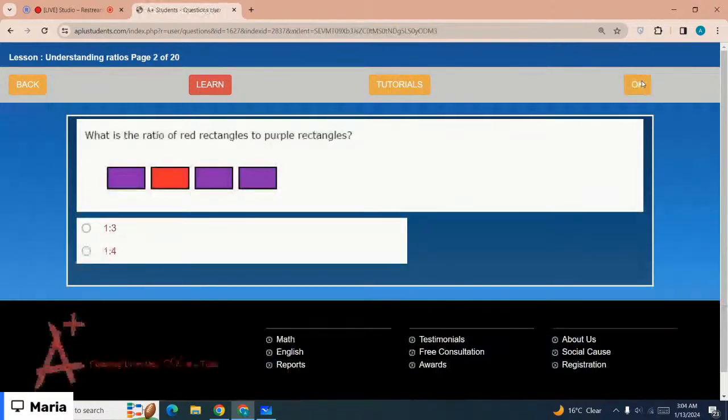What is the ratio of the red rectangles to purple rectangles, right? We are given the options 1:3 and 1:4. So which is the correct option?